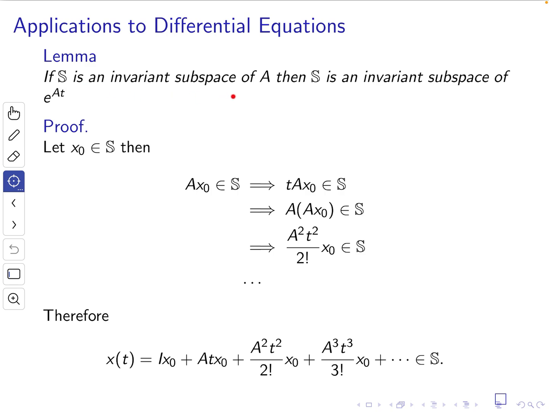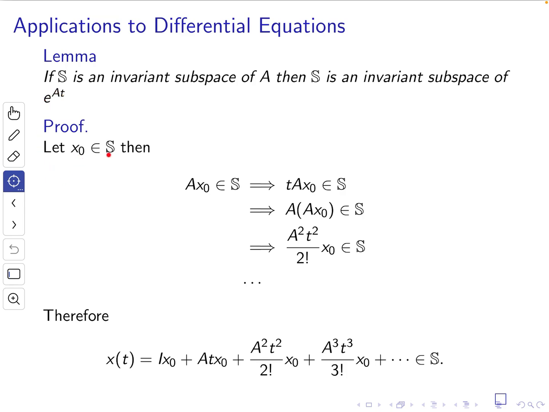So if S is an invariant subspace of A, then S is an invariant subspace of e to the at. So this is interesting. That would say that the spaces spanned by the eigenvectors of A turn out to be invariant for the differential equation.